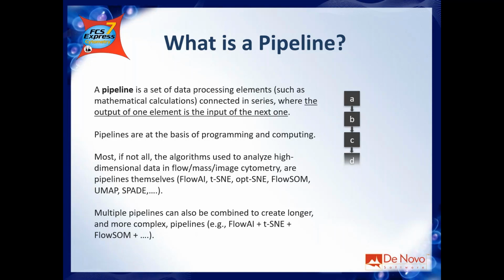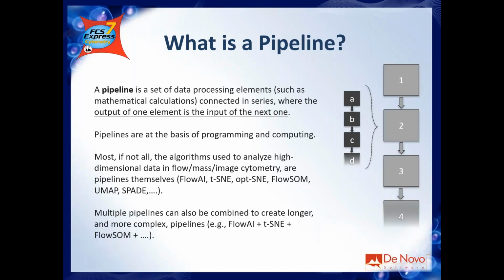So you can combine pipelines together. So a series of steps, which is formally a pipeline, can be considered as a step in a wider pipeline. This is something that you cannot do with other software. A lot of other software allows you to run FlowSOM, tSNE, FlowAI, UMAP, but they allow you to run them as a standalone algorithm. You cannot really combine them. So with the pipeline, you can really combine them.